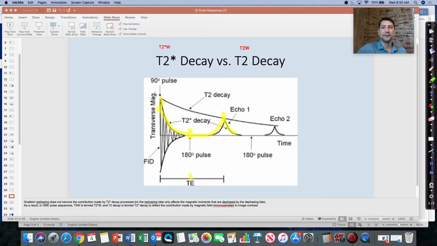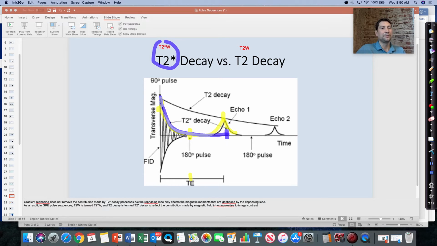That's going to be different compared to our T2 star. Our T2 star, this in blue, we have our 90-degree or even less flip angle. We turn it off, and then our spins just rapidly dephase. We do not have that 180-degree refocusing pulse, so at the same time there's almost nothing.